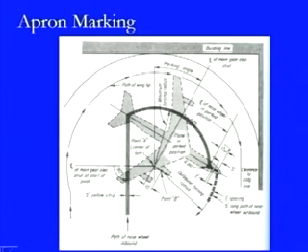This is one diagram which I was talking about and which we have looked at previously too, and this is one of the types of marking which will be found on an apron. This is basically the pavement, and the aircraft is going to come and stand on this pavement. What is the orientation which this aircraft is going to take with respect to the building line?